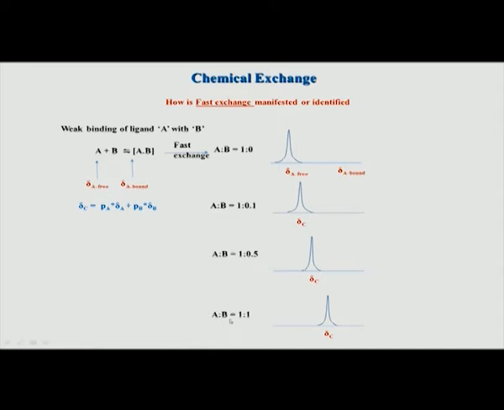Only when I go to, let us say, B is 10 times A or 5 to 10 times A, then in that scenario the population of the complex will be very high compared to the free form, and the peaks will be completely shifted to the B form, because population of A will be very less, not 0, it will be less compared to the B. The B will dominate because I have too much of B added, and therefore, the complex is now a very high population compared to the free form.